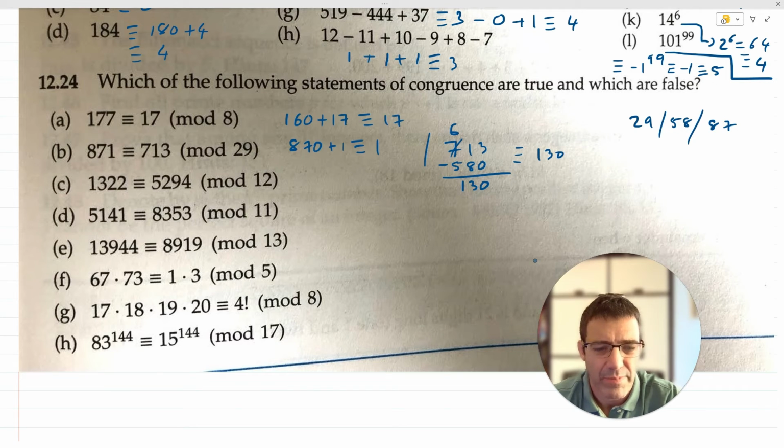And if we want to take out a bunch of 29s out of this, that's a little bit awkward. Maybe we need the next multiples. So 87 plus 29. What's 87 plus 29? We get 116. So it looks like 116 is a multiple of 29. And if we add another 29 to this, that's too big.